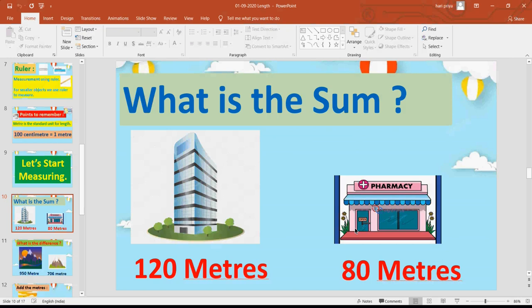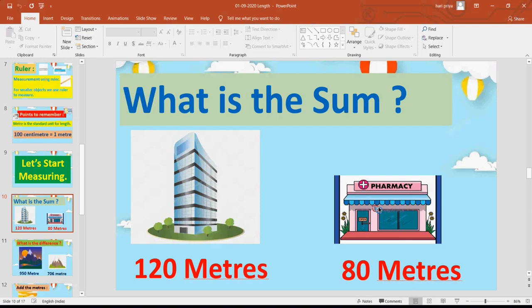My question is this: what is this sum? If you see the tall building there, it is 120 meters, and the short building is 80 meters. What is the sum? We are going to add it. Yes, you are right. 120 plus 80.